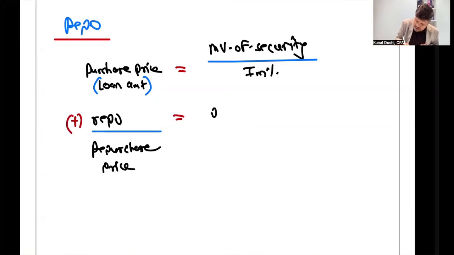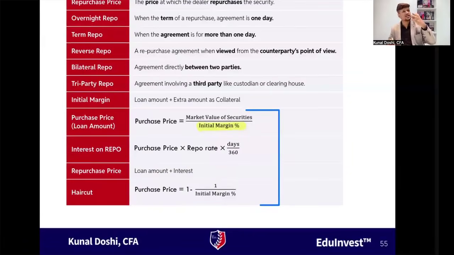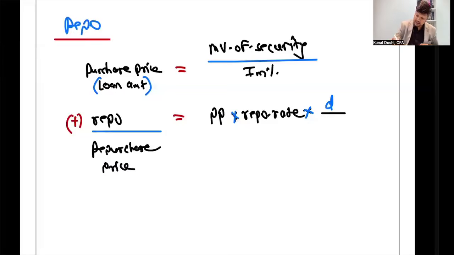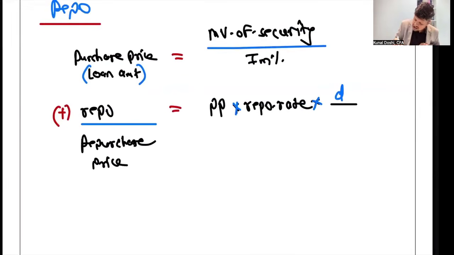On that purchase price or loan amount, you apply the repo rate. But remember, it can be overnight borrowing also, so we do it for the days. So this is the repo rate for the relevant days. Now, how many days do I consider, 360 or 365? Don't worry, the institute will inform you. But if not, these are money market tools, so you will use 360 days if not mentioned, to make it simple.